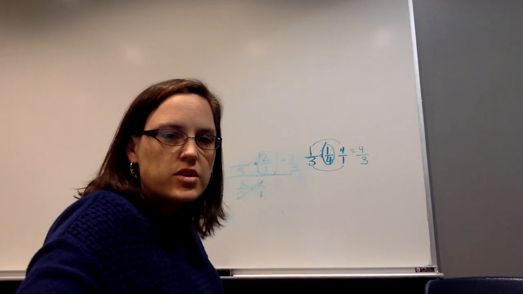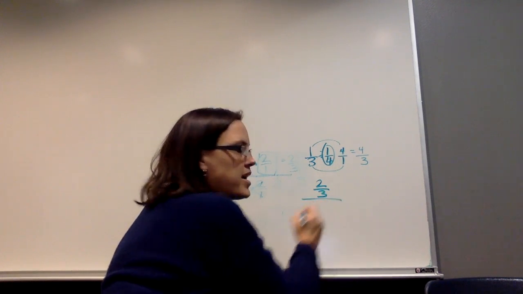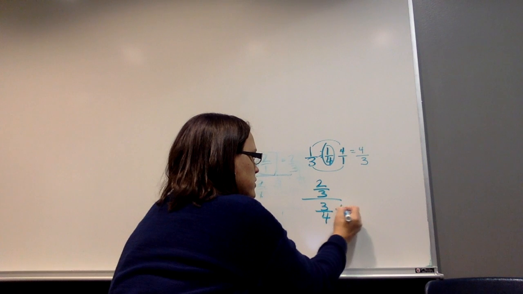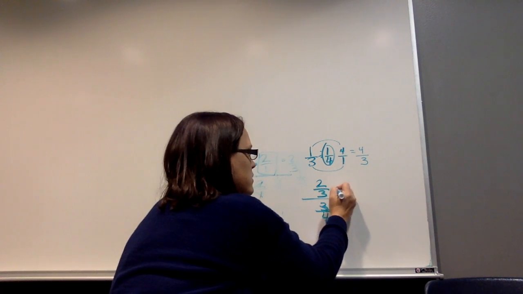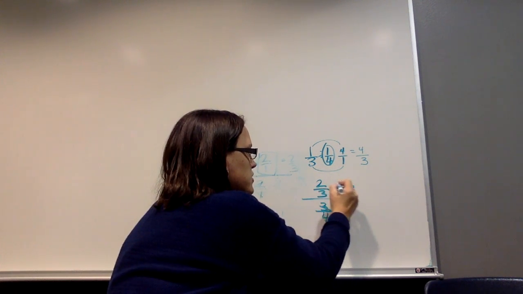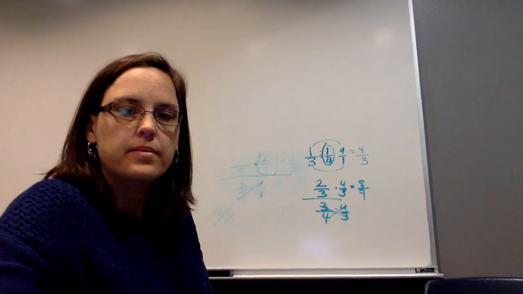We also have another example down there, 2/3 divided by 3/4. If we multiply by the reciprocal in the denominator to get rid of that, we're going to multiply by the reciprocal in the numerator to get 2 times 4, which is 8, and 3 times 3, which is 9.